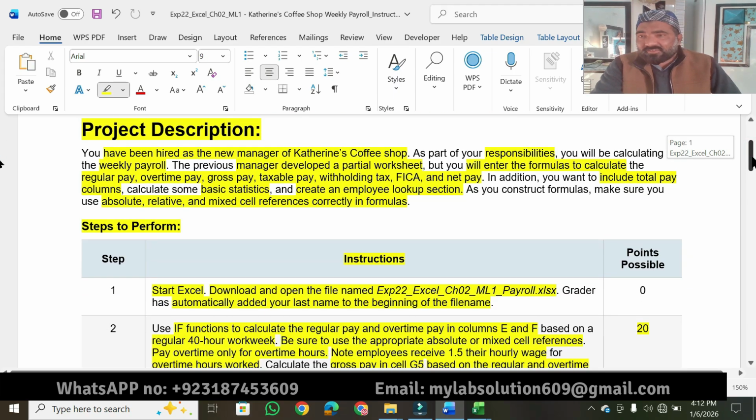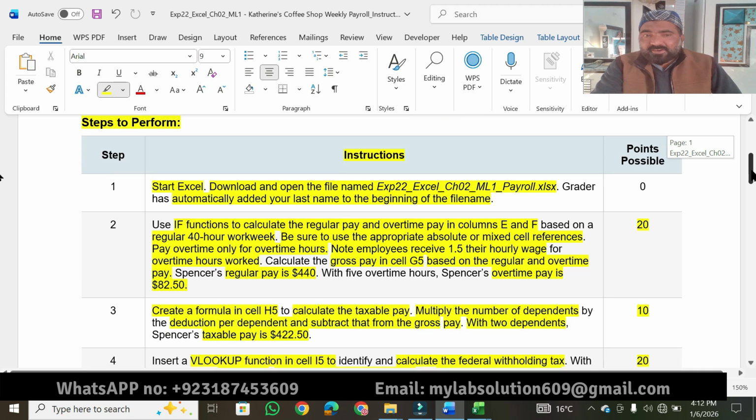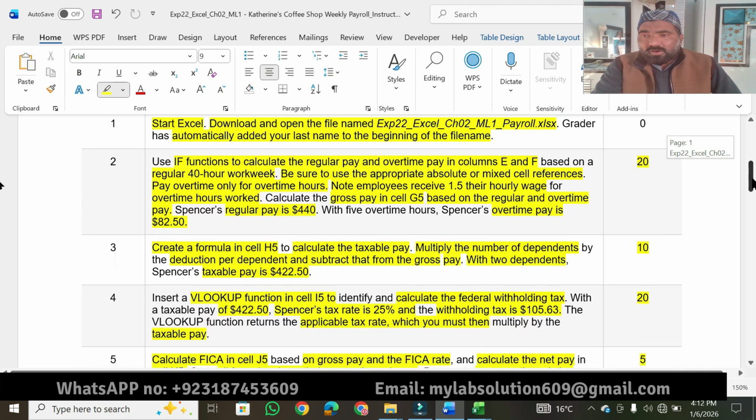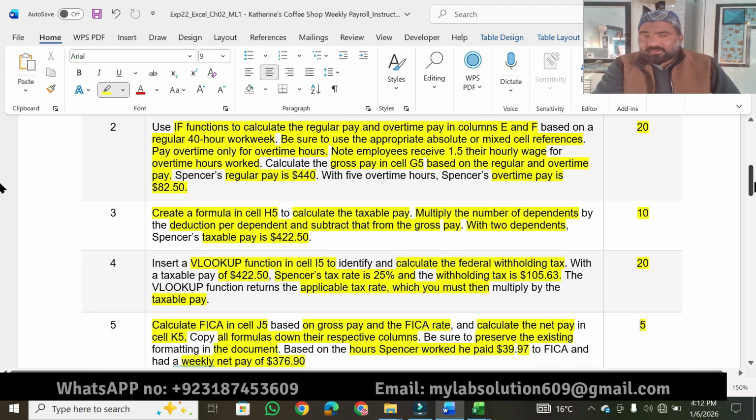After discussing the description, we moved toward the graded part, and we solved question number 1. Then in question number 2, we had to solve 3 parts. In the first part we find regular pay, in the next part overtime pay in column F, and in the last part gross pay. We found all the values and verified the answer also.